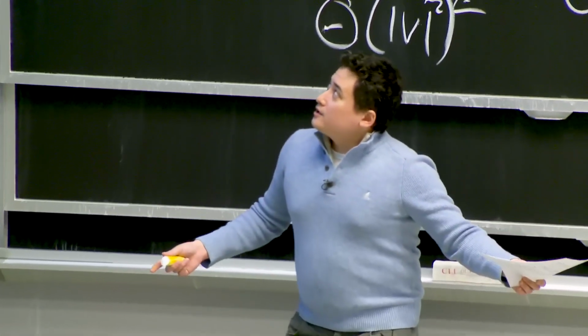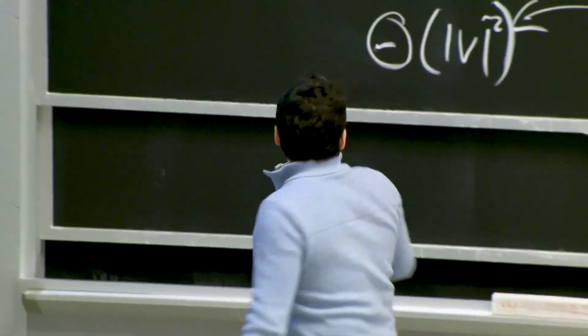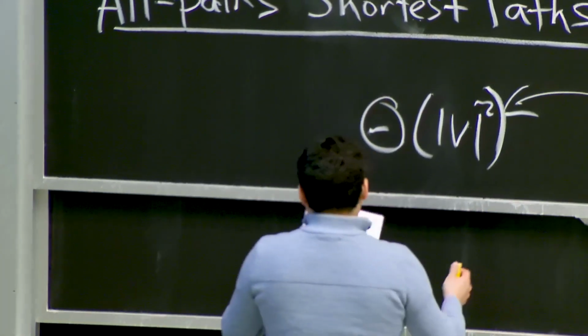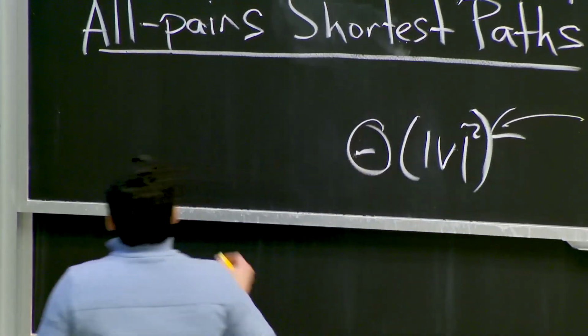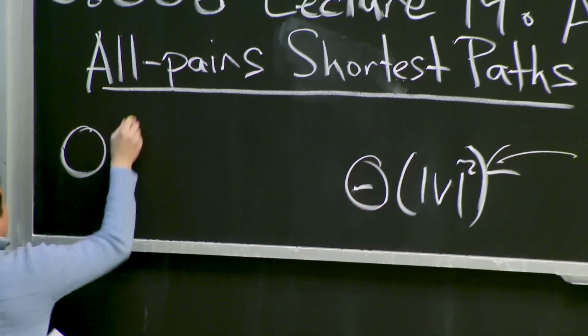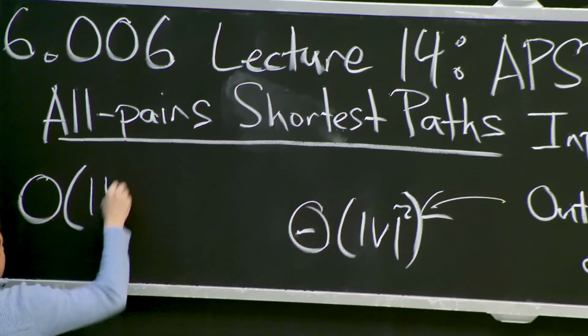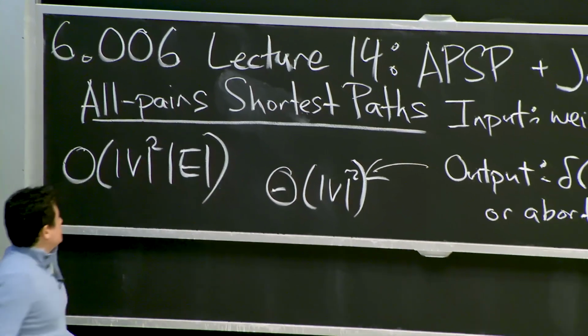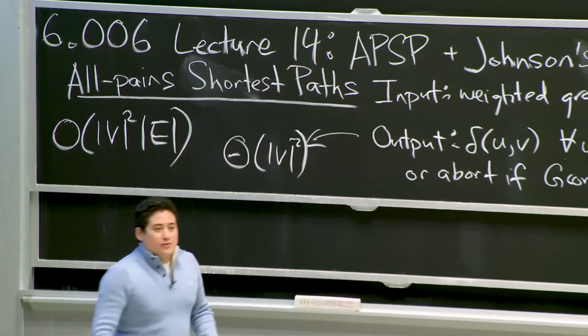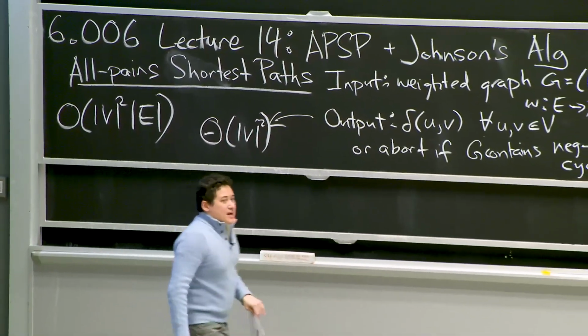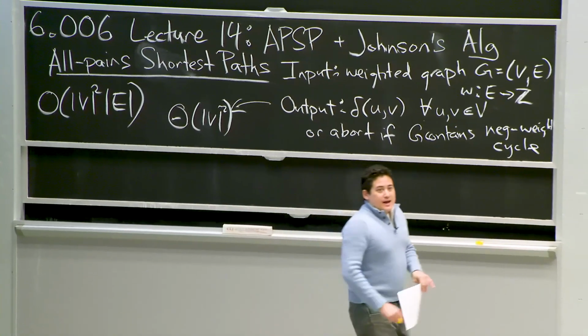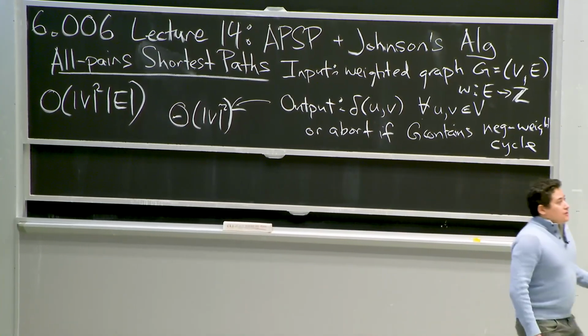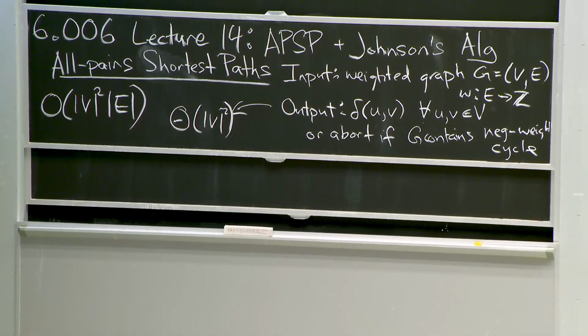And we could definitely solve it in order V squared E time using Bellman-Ford. We just take V runs of Bellman-Ford and deal with a graph on any set of vertices.